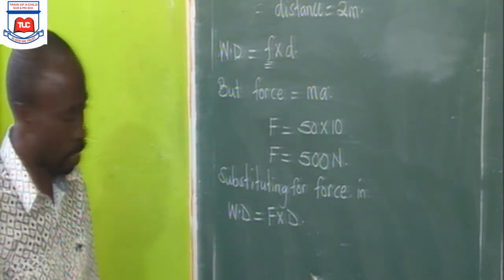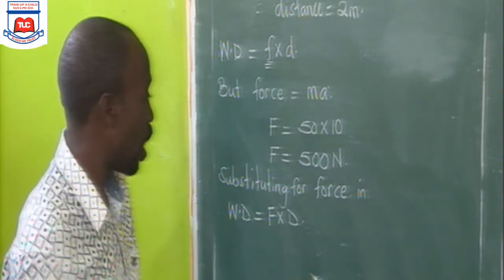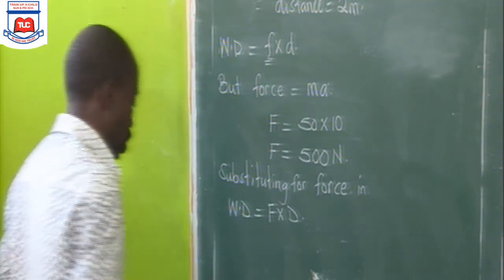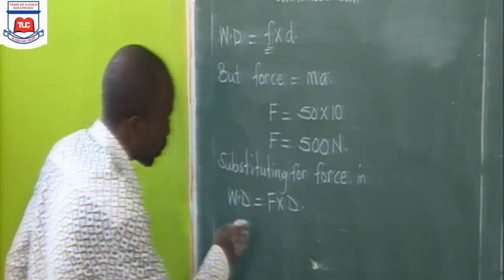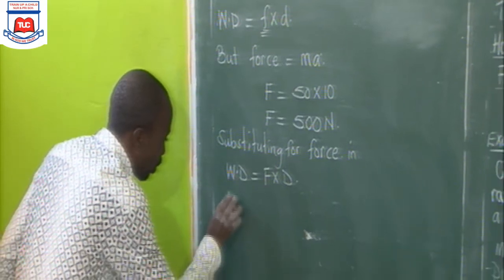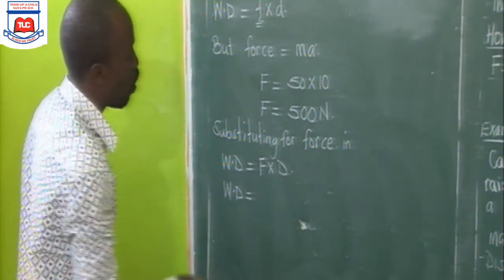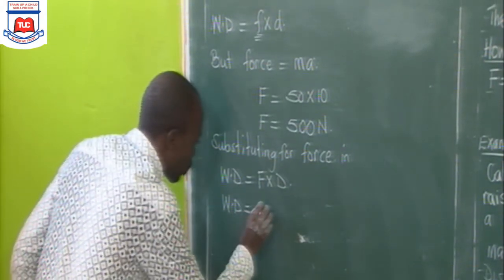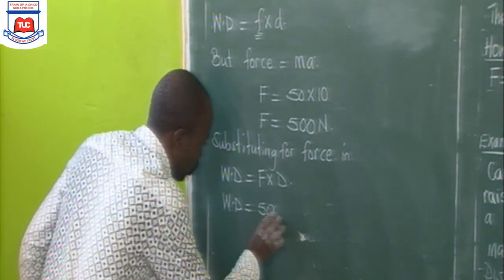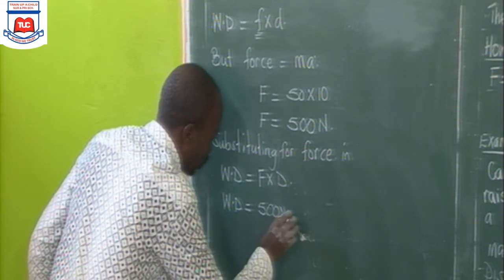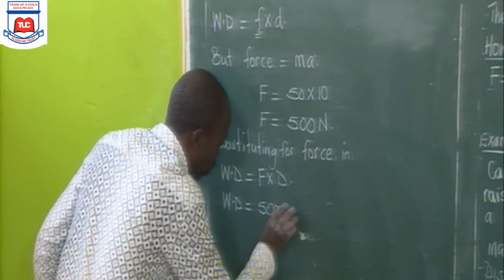Okay? We already have distance. We are now happy we have even the force. Okay? Alright. Work done is equal to, our force is 500 newtons. You can leave the units out.